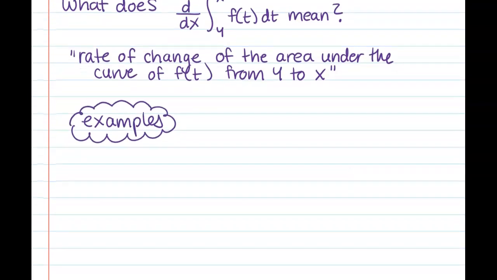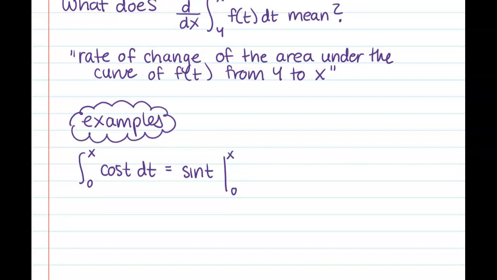So if we look at the integral from 0 to x of cosine t dt. The integral of cosine is sine. We don't need a plus c because we have limits. So it's a definite integral. Kinda. There's an x in there, but it's still a definite integral.